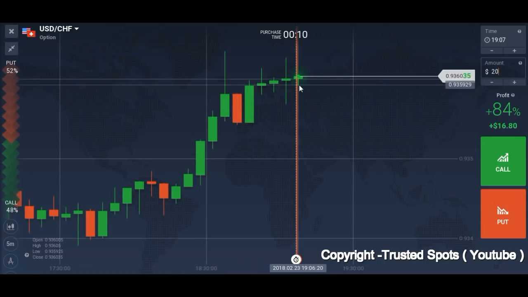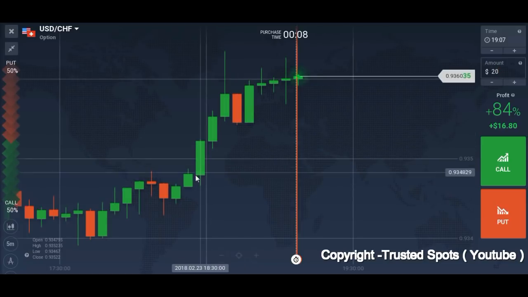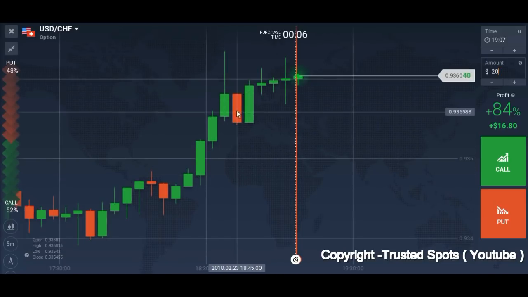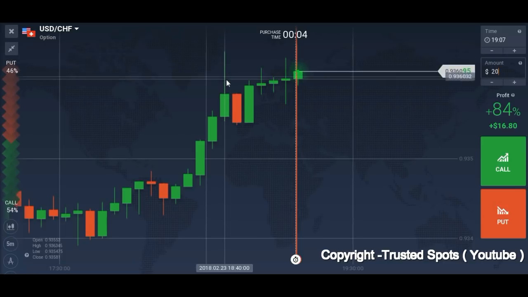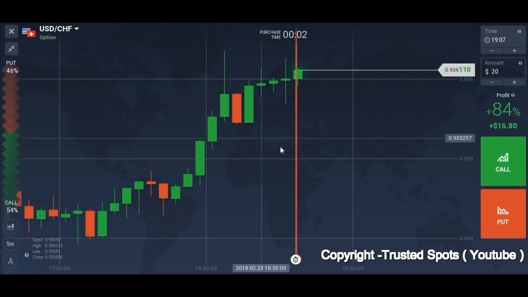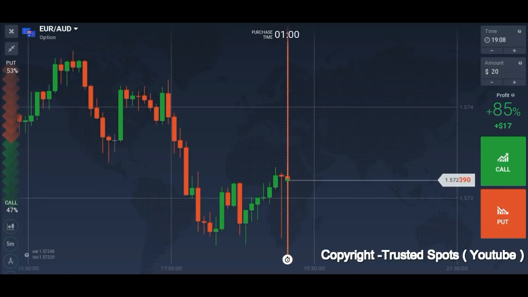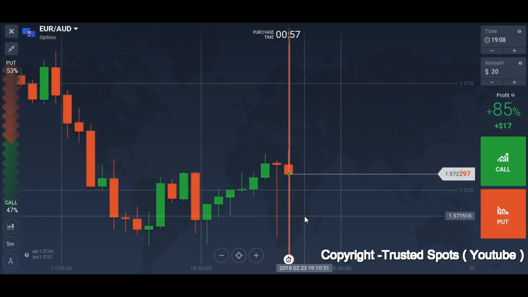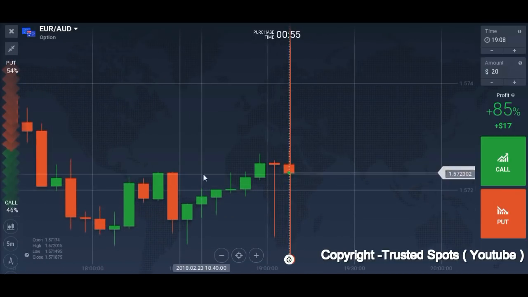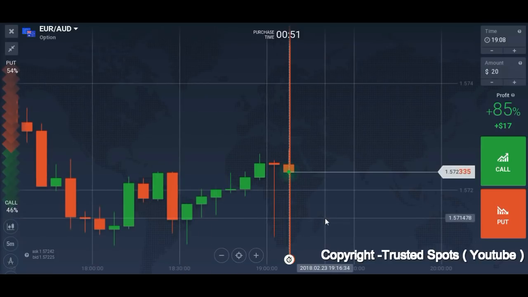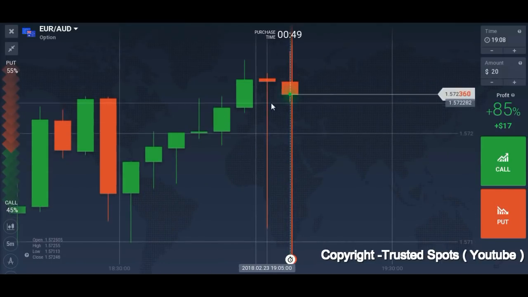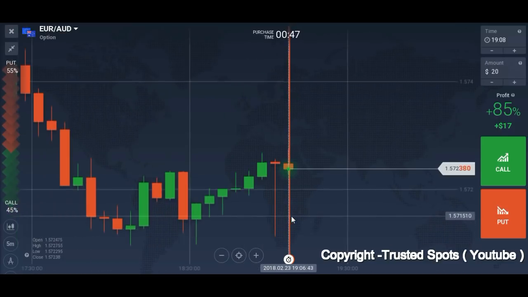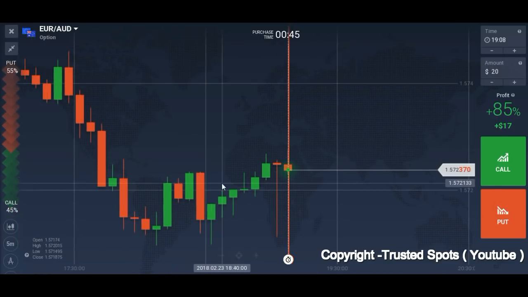The candlestick needs to be clean, like this and this. This is a big wick, which sometimes confuses a lot of traders. So let's switch the chart, and here it's a trading opportunity, but the wick is very long, and so I don't want to trade here as well.